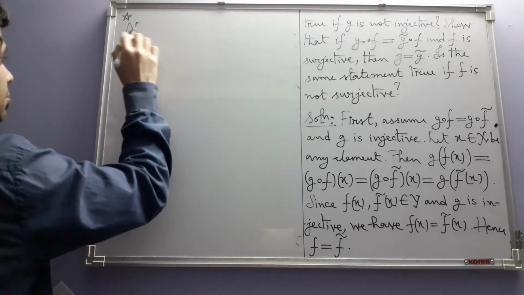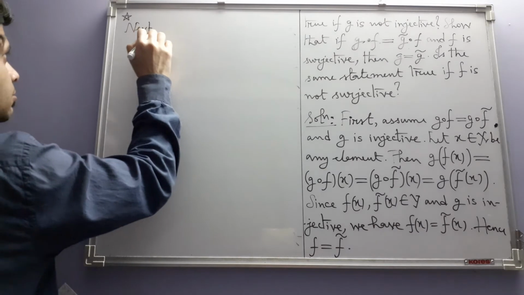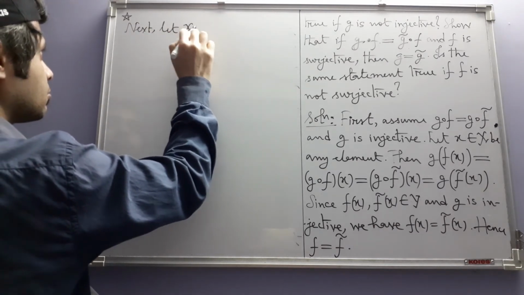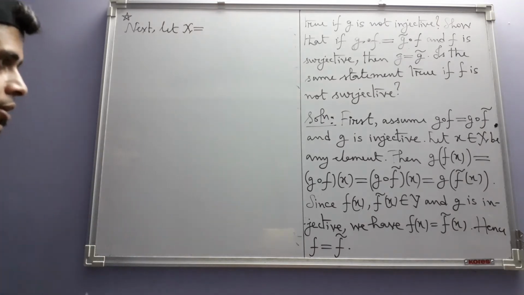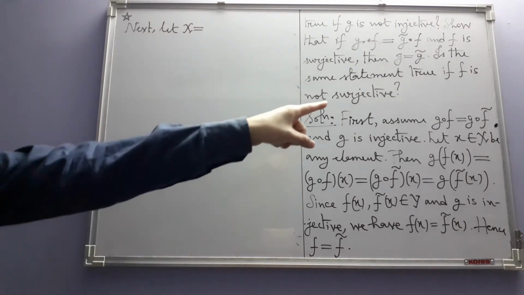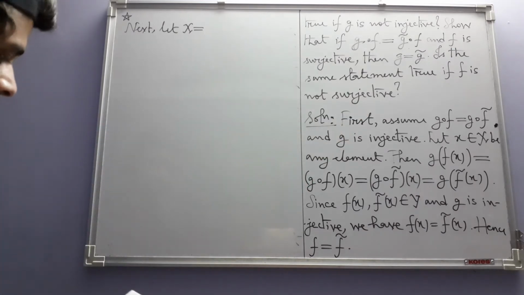Next, so that part is over. So we will need everything, the sets X, Y, Z and the relevant functions, that is G, F and F tilde.